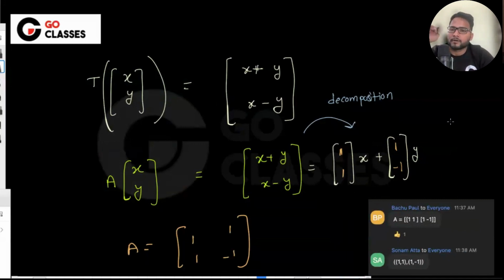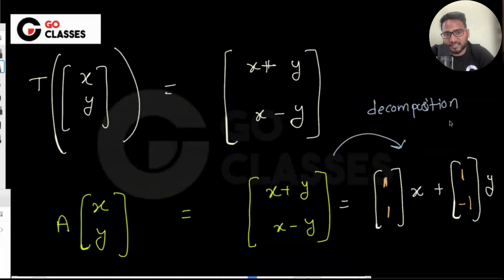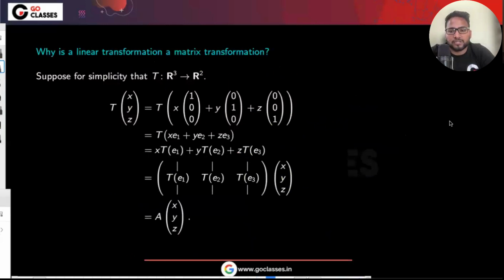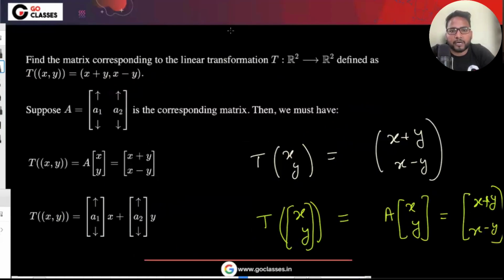Okay. So I hope you people are getting what I'm trying to say, right? There is a linear transformation, and I want to get a matrix such that it performs the same task. And what is this matrix? (1, 1) and (1, minus 1). Great. So there is a linear transformation from R2 to R2 defined like this.